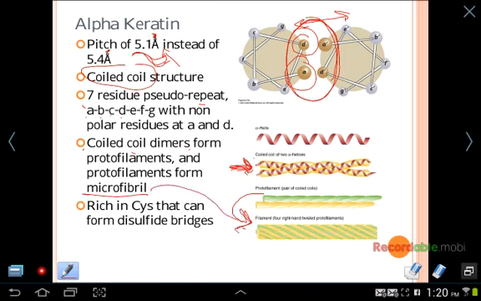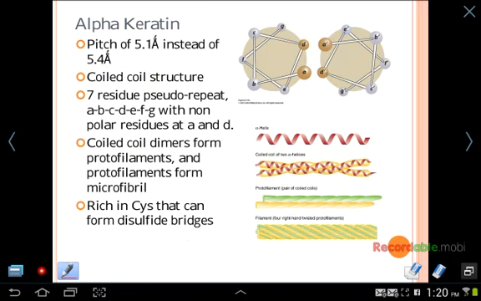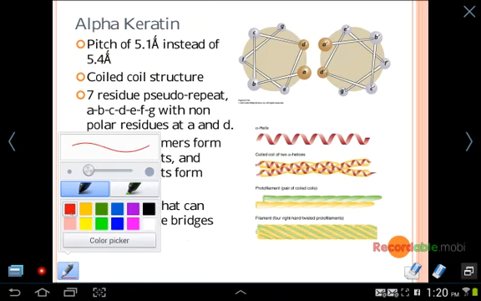Now, alpha keratins are also very rich in cysteine. And the interesting thing about the cysteine is, if you remember from chapter 4, we told you how cysteine can form covalent disulfide bridges. I just erased everything, but that's okay. Let's go to purple, guys.